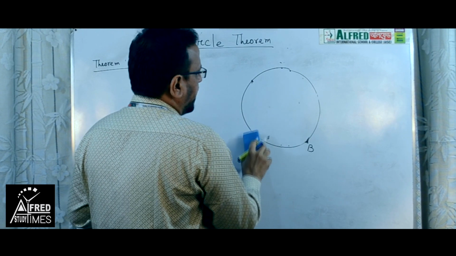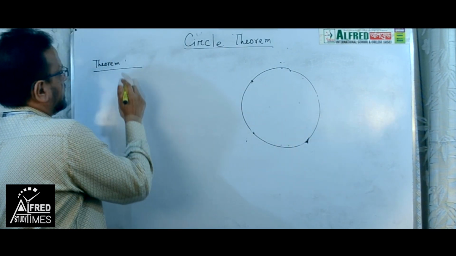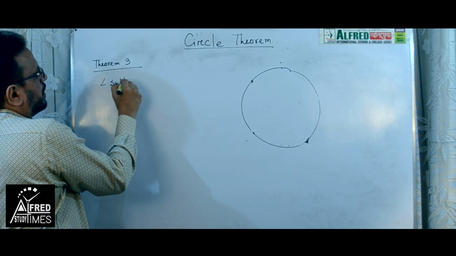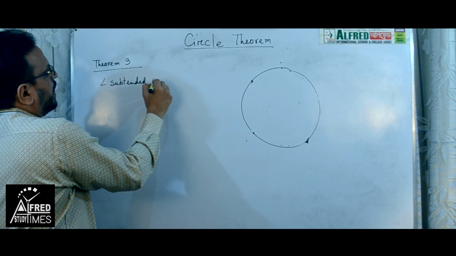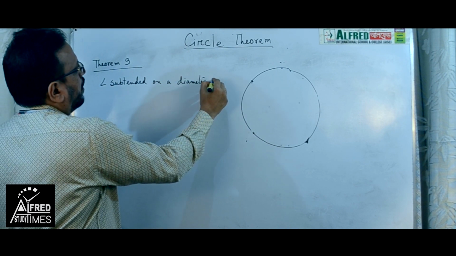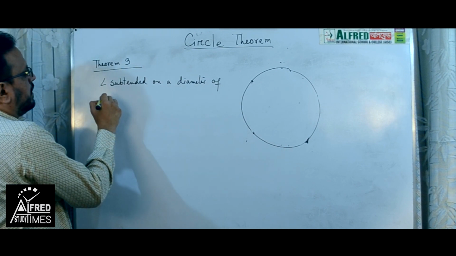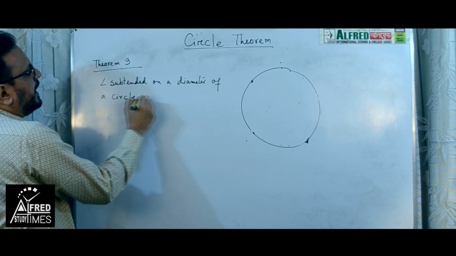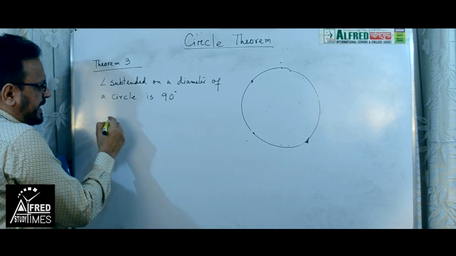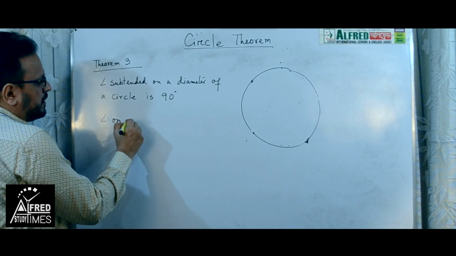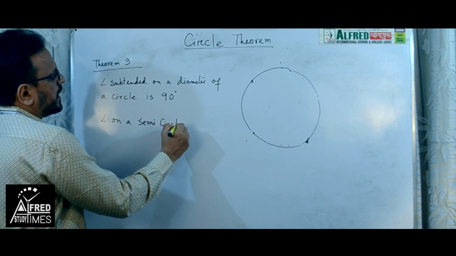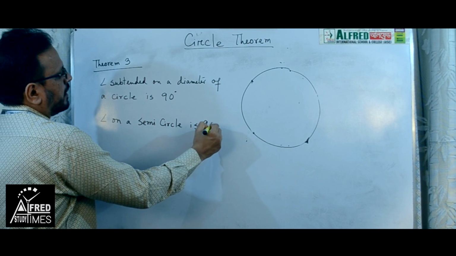So angle subtended on the diameter of a circle is 90 degree. Or in many cases you will see that angle on a semicircle. In many books they write like this. Angle on a semicircle is 90 degree.